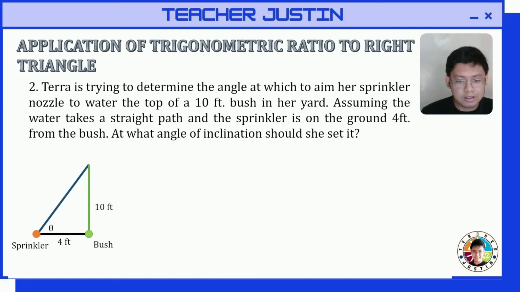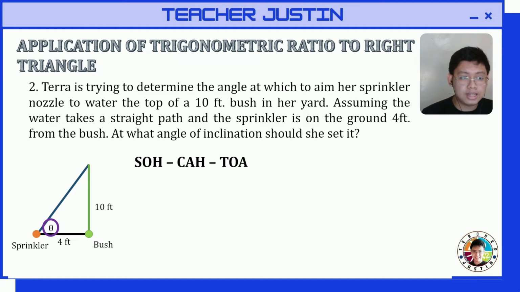So looking at our figure or our illustration, we will form a right triangle. Okay. So here we will use SOHCAHTOA to solve for our missing angle. So let's first identify the location of the angle. So this is what we are looking for, the angle of elevation from the ground to the top of the bush.